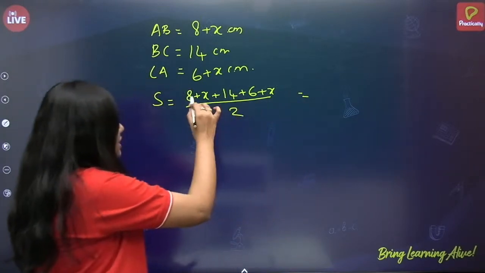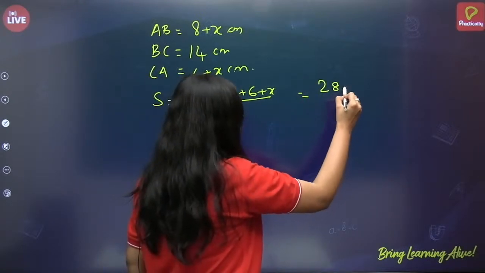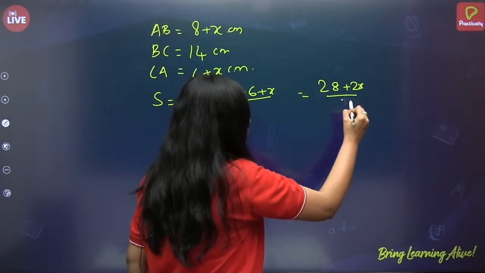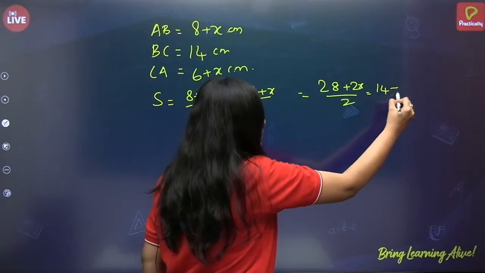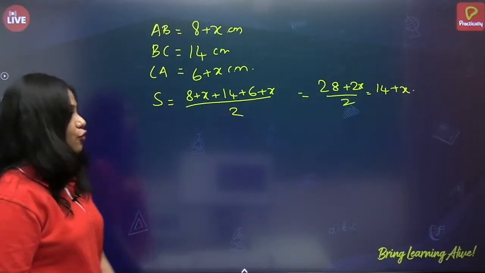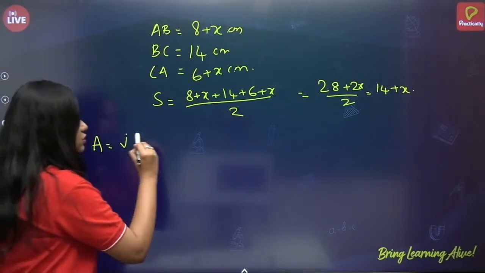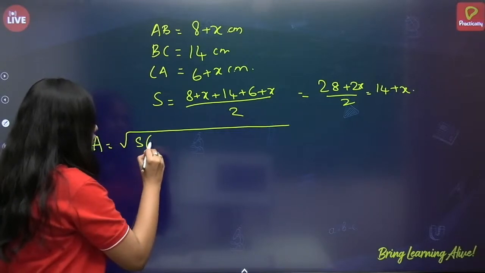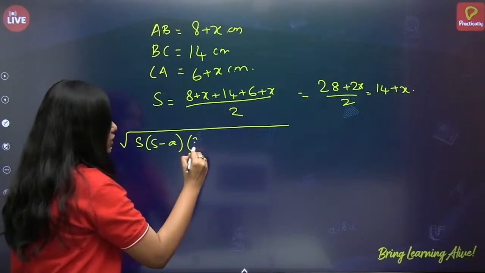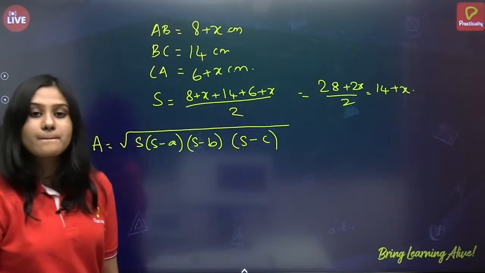So 14 plus 8 plus 6, so 28. (28 plus 2x) by 2, that is 14 plus x. So semi-perimeter is equal to 14 plus x. Now we'll find the area. Area is equal to the square root of S into (S minus a) into (S minus b) into (S minus c). Correct?